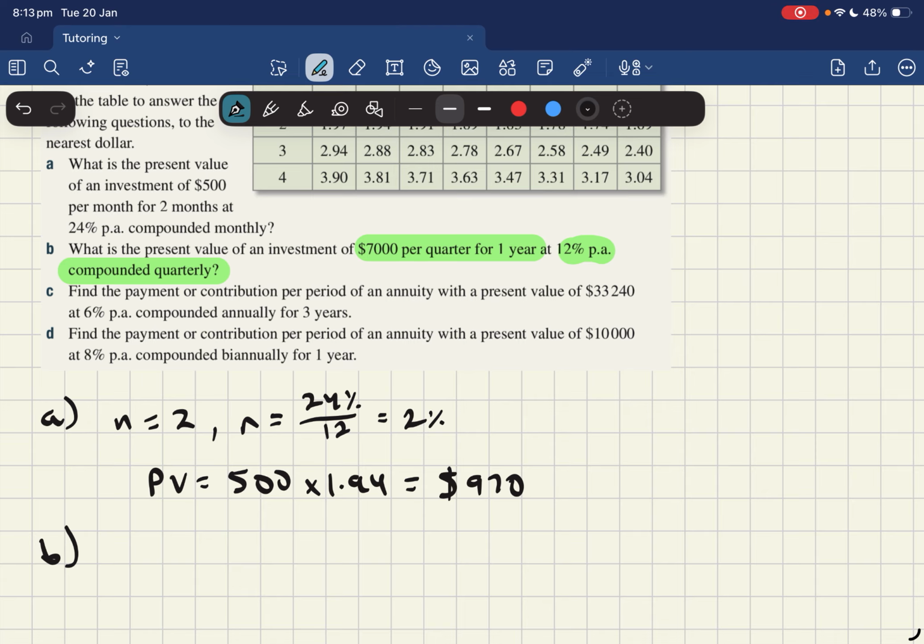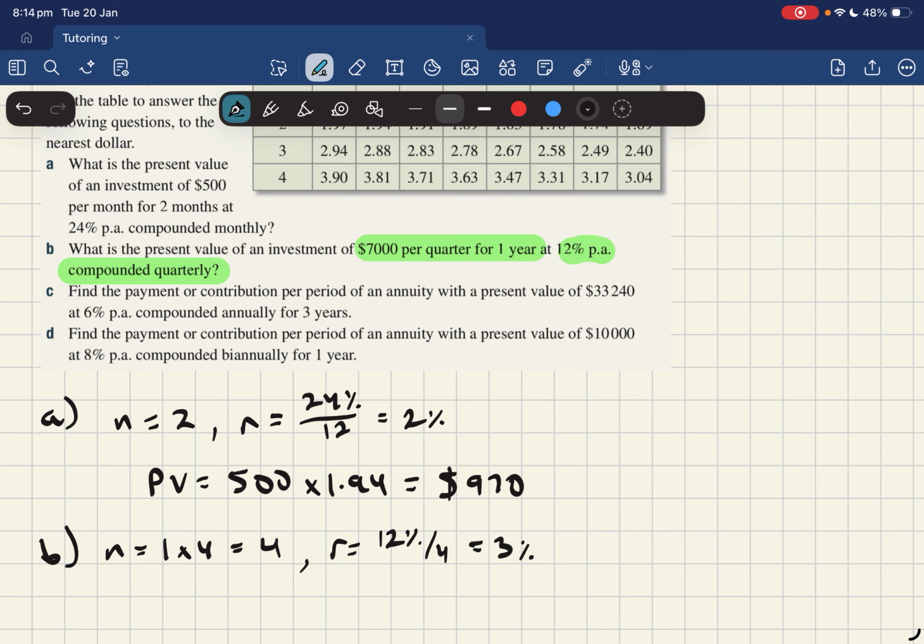So we've done it 4 times in a year. So our N equals 1 year times the quarterly deposits, which gives us 4. Now our rate equals 12% divided by 4, which gives us 3%.